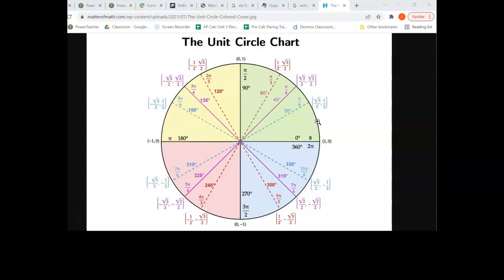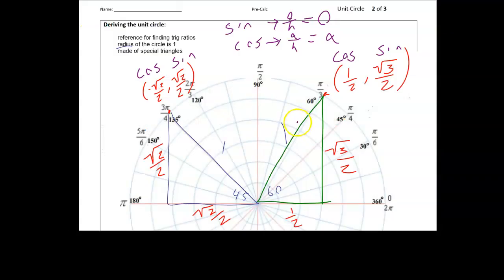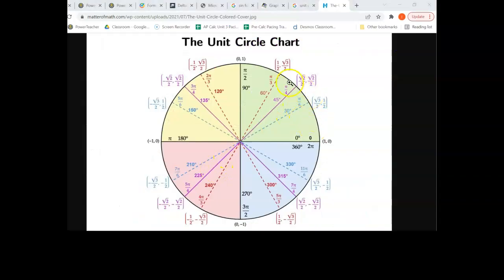I don't think that's the best way to do it. I think the best way to do it is in your notes, complete this by hand, deriving each and every angle, paying attention to the patterns. So notice we have a pattern that repeats with the same signs. And then when you need it, you can build it by hand, right? So you don't need to memorize this if you understand it deeply.